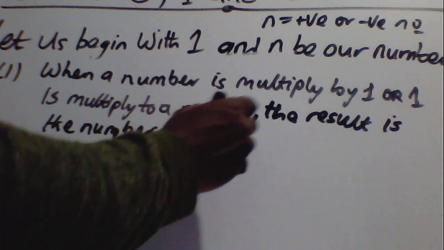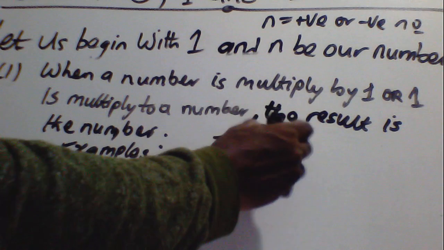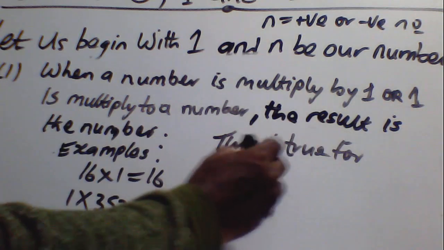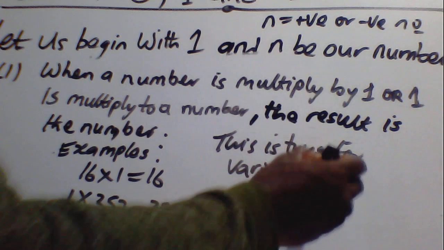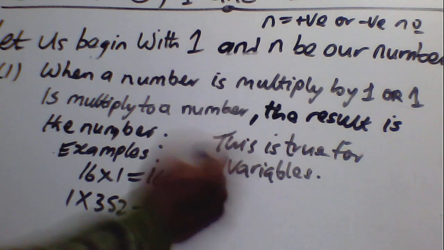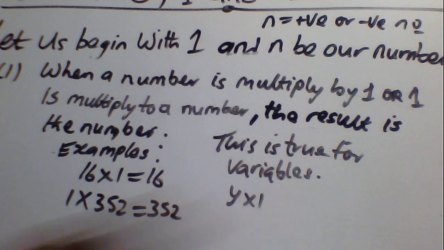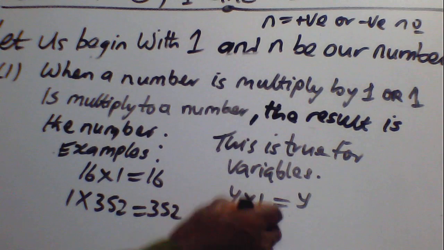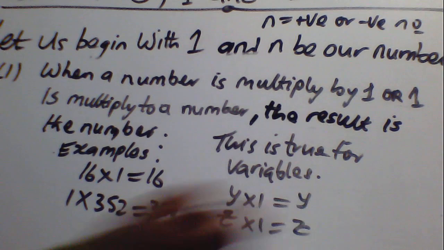So this concept is also true for variables. For example, y multiplied by 1 will give us y. z multiplied by 1 will give us z.